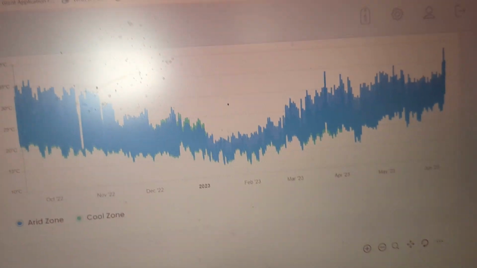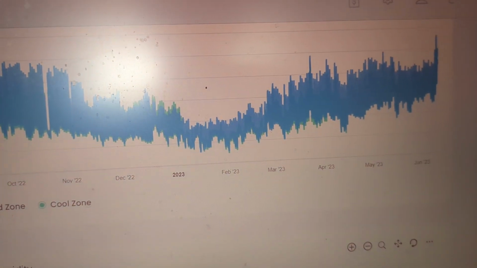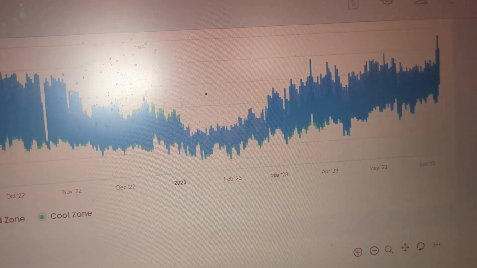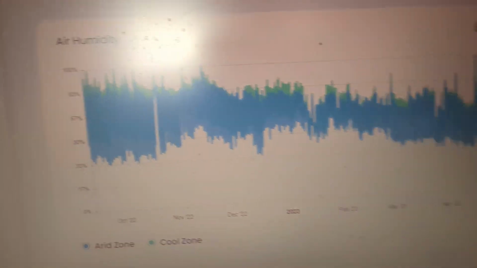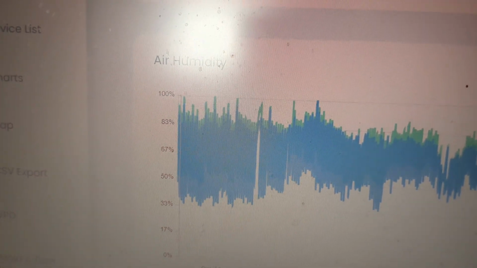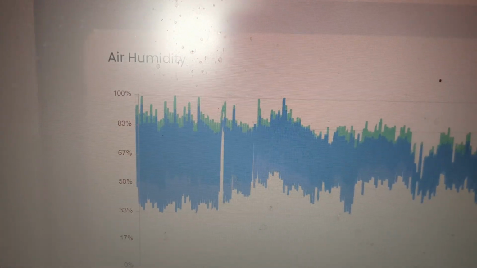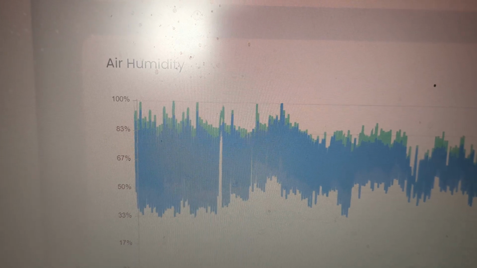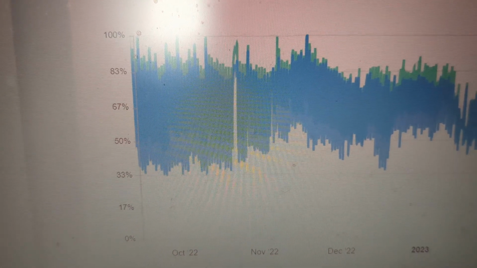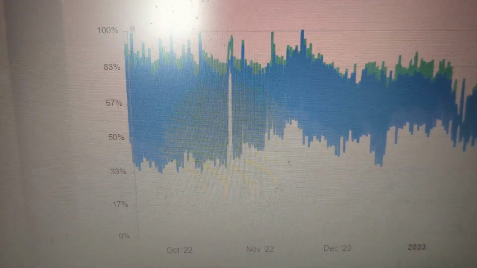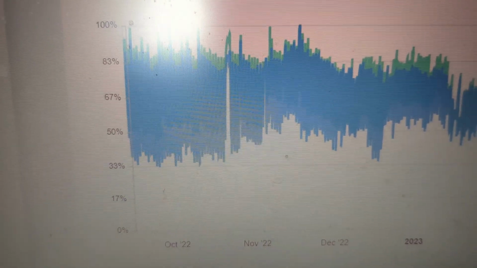So the humidity has also shown fluctuations. In the autumn time, it was relatively more humid at night time, and then it was less humid during the day because it's still pretty warm in October.